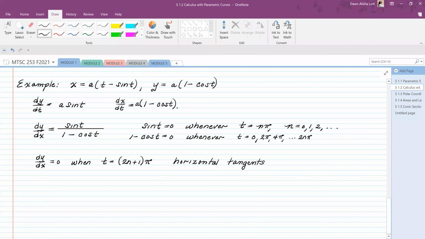And then, okay, I get no vertical tangents.